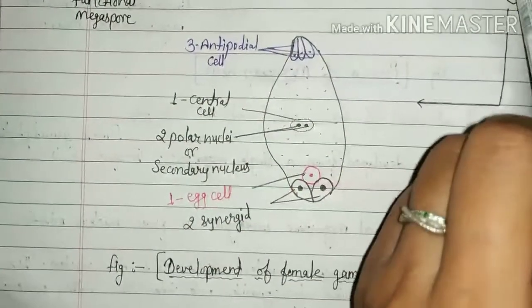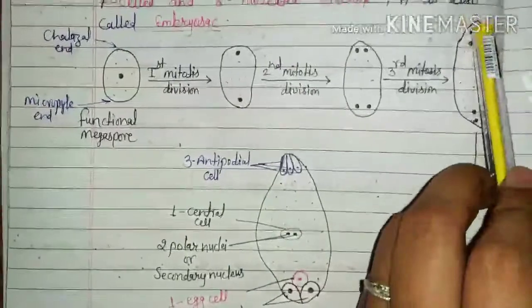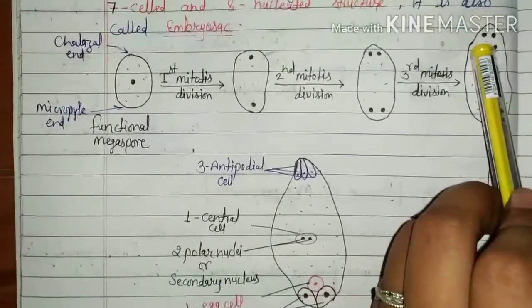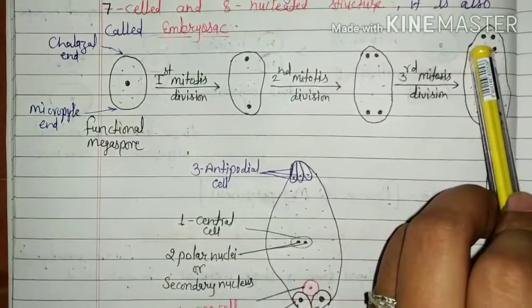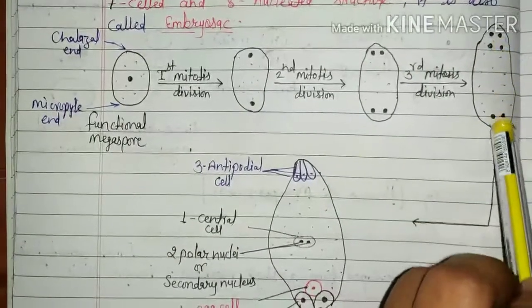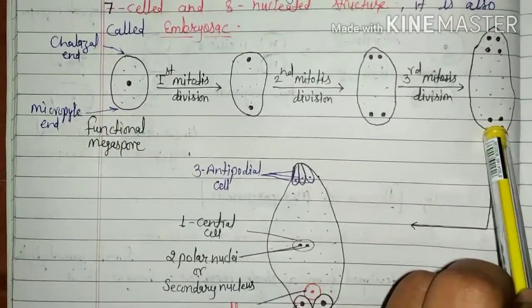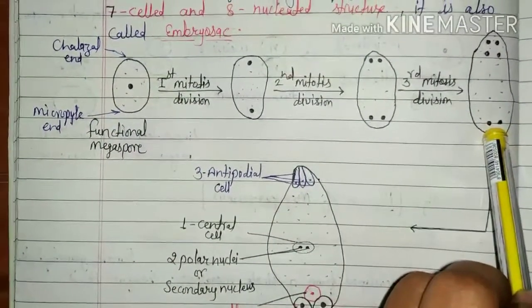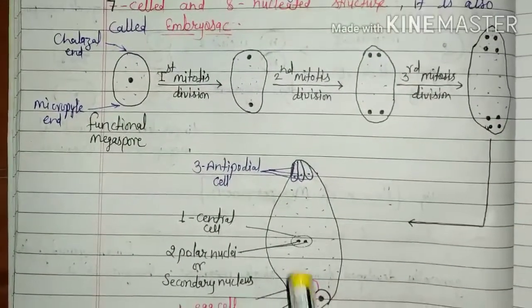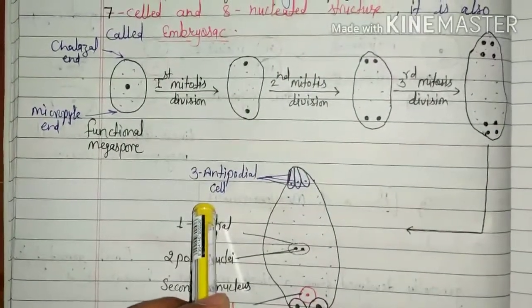The other three nuclei located at each pole get surrounded by cytoplasm and form 3 cells at each pole.